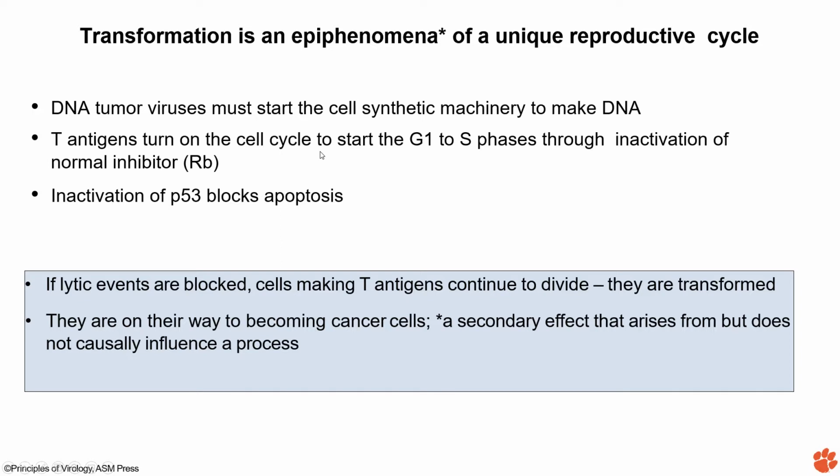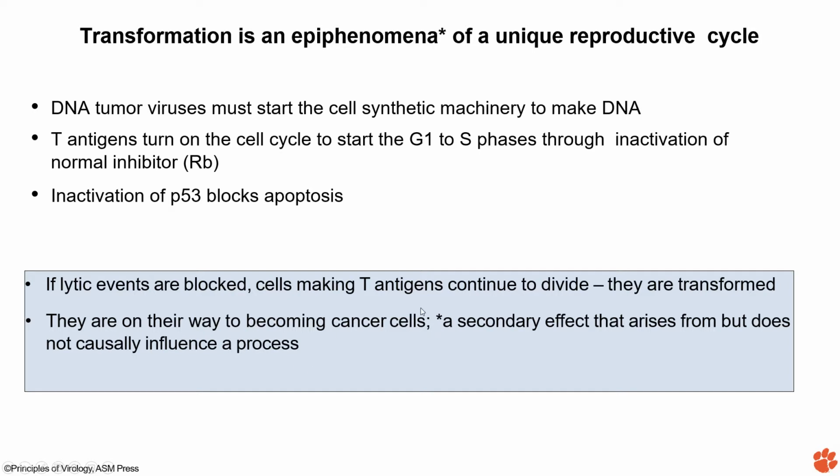T antigens turn on the cell cycle from G1 to S phase through inactivation of the normal inhibitor RB. In addition to that, inactivation of P53 blocks the apoptosis, where the cells are basically not ready for the division. If the lytic pathway, which is basically killing the cells, lysing the cells, is blocked, cells making T antigens continue to divide; they are basically transformed.